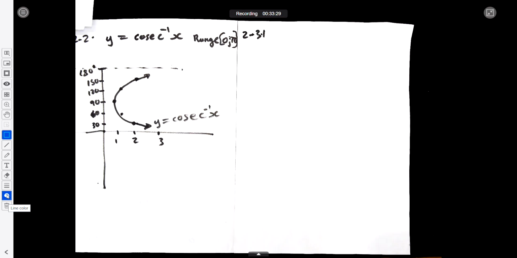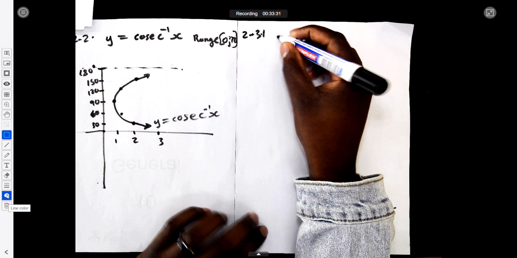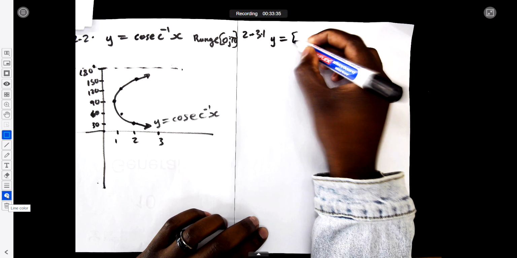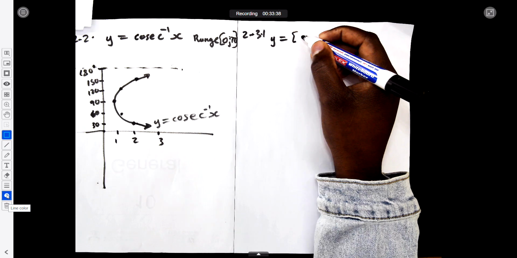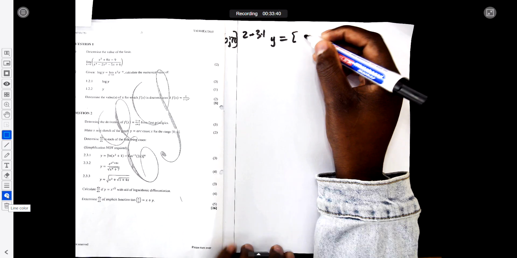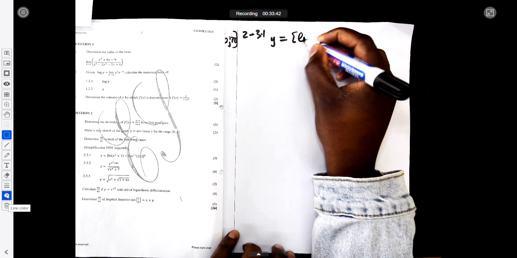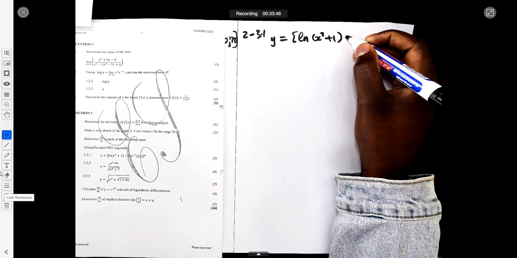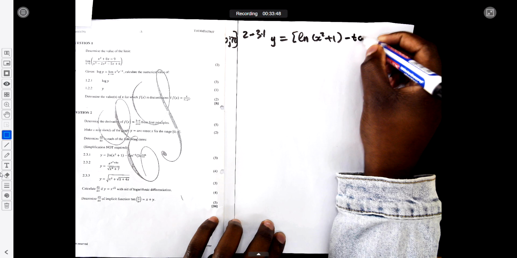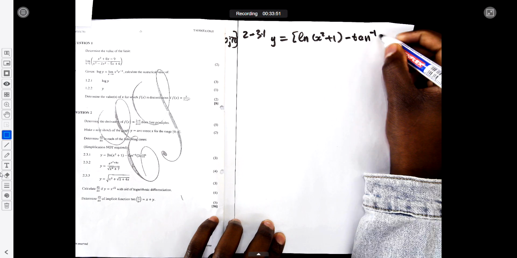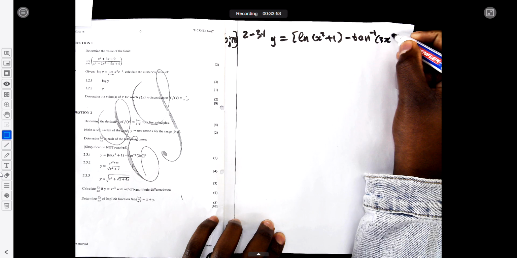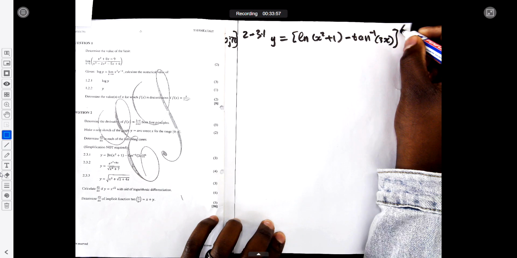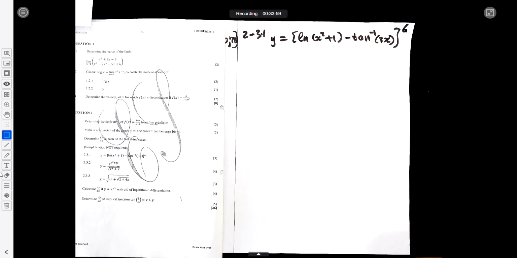And dy over dx of each of the following cases. We're given y equals, okay, this is a chain of functions. y equals, in brackets, ln of x squared plus 1 minus arctan 3x, all to the power of 6.